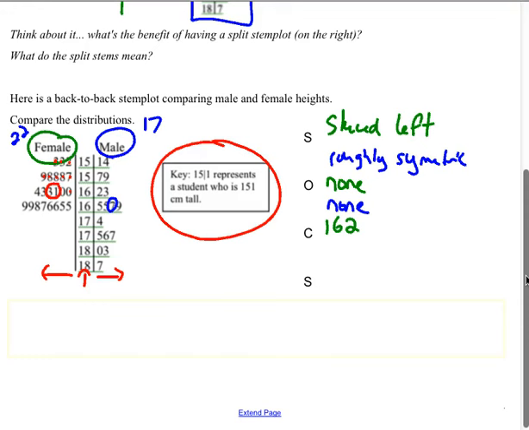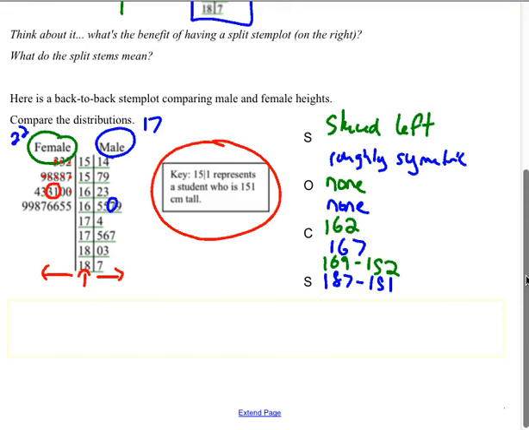So males are at 167. The spread, well, the spread for the females is 169 down to 152. Males are from 187 all the way up there down to 151.